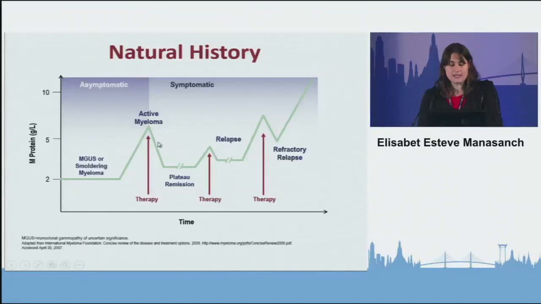And unfortunately, after treatment, multiple myeloma usually follows this relapsing and remission pattern that we see here. And usually the relapses each time are more difficult to treat, and sometimes the remission phases last a little bit less. And when the myeloma is then refractory, the prognosis for these patients is usually very poor.